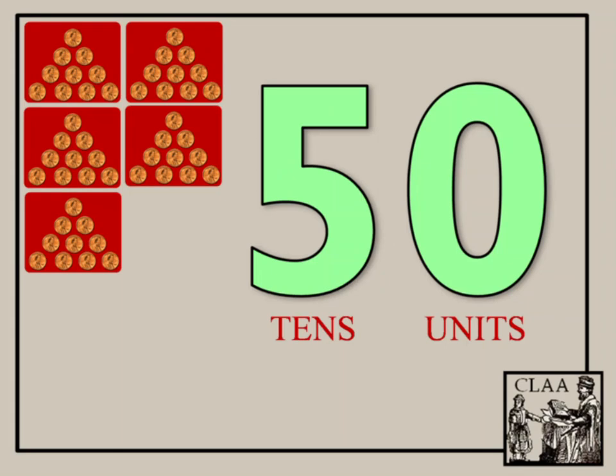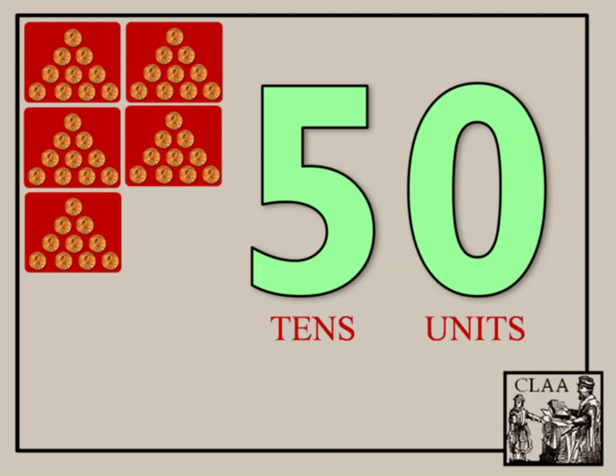How many pennies do you see in this screen? Hopefully you know by now that you don't have to count every single penny. You can see that the pennies are placed in sets of 10. All you have to do is count how many sets of 10 there are. 1, 2, 3, 4, 5.